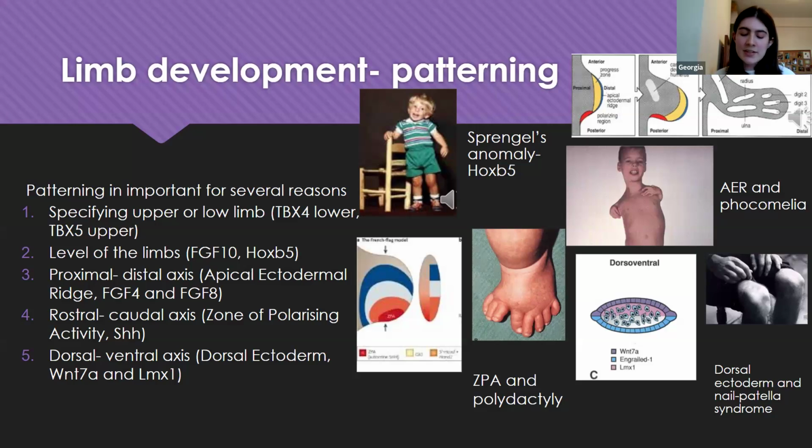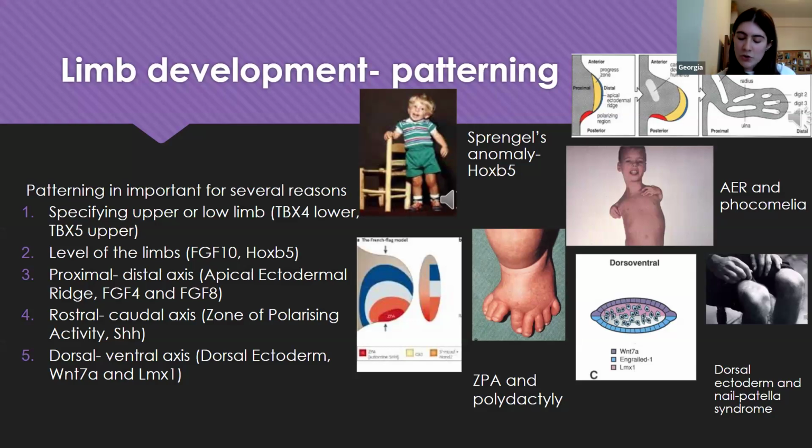It's thought that increased FGF or fibroblast growth factor signaling from the AER induces more distal structures. And several birth defects are linked to issues with this signaling center. So these include amelia, in which there's no limb formed, and phocomelia, which is a specialized type of limb loss where the distal structures remain, but the proximal structures are gone. And this is pictured on the slide, and it was linked to the thalidomide crisis.